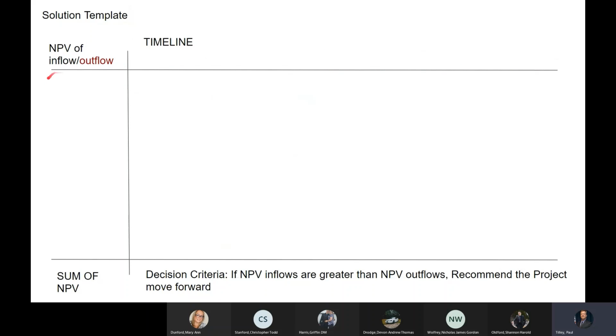The initial outflow of that was $250,000, so I'm going to put minus $250,000 right here. And then for years 1, 2, 4, and 5, I'm going to put how much money came in. So 90,000 in year 1, 90,000 in year 2, 90,000 in year 4, and 90,000 in year 5. So basically, I'm going to line that up.